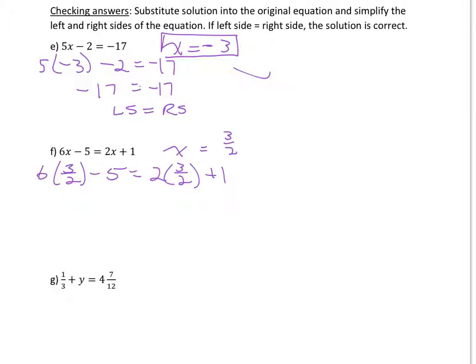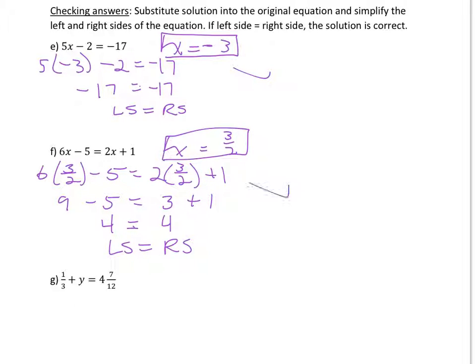So on the left side, 6 times 3/2 will give me 9, minus 5 equals 2 times 3/2 will give me 3 plus 1. So I end up with 4 equals 4. So the left side does equal the right side. So the solution that we had is correct.